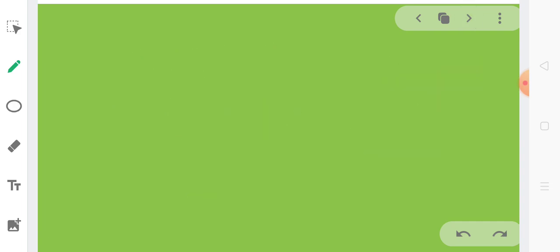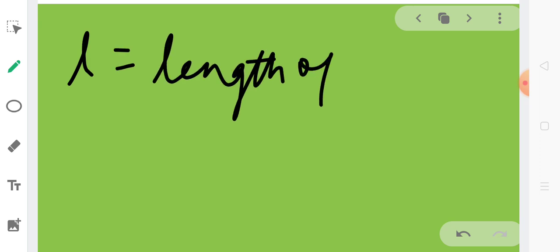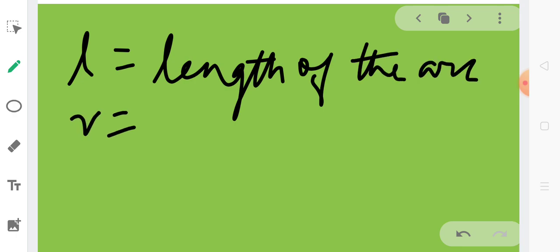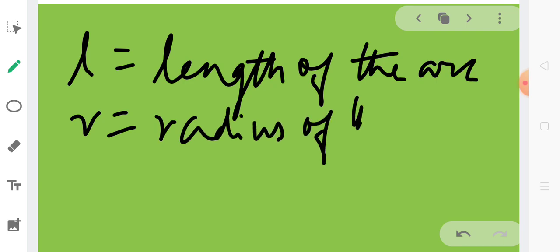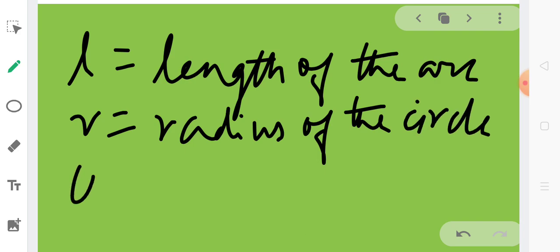Now if L is the length of the arc, R is the radius of the circle, then theta, that is the angle subtended by the arc at the center, is given by L by R. So this is one important expression that you should remember.